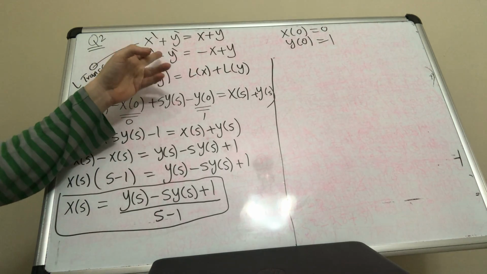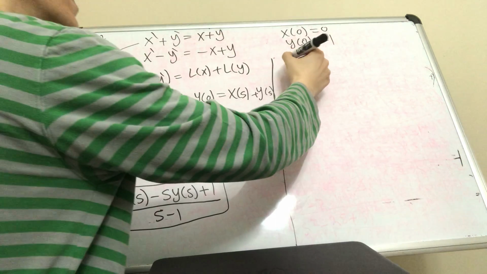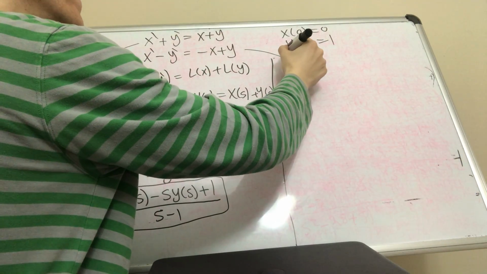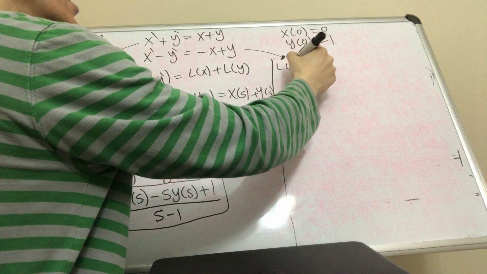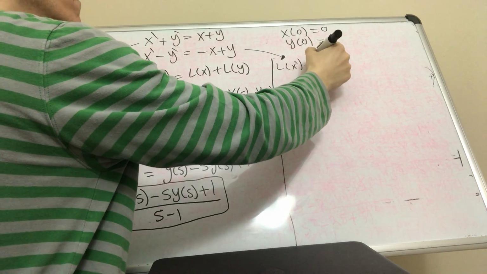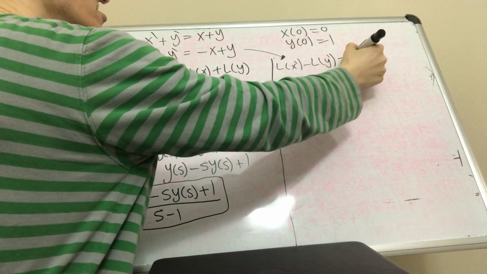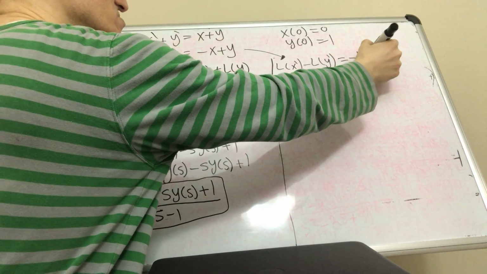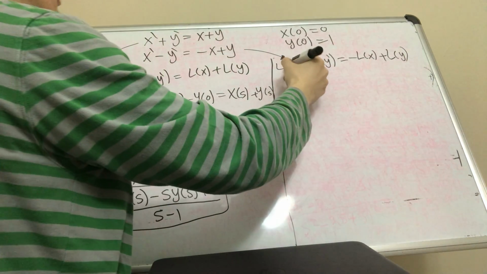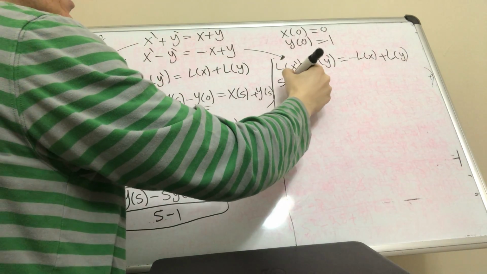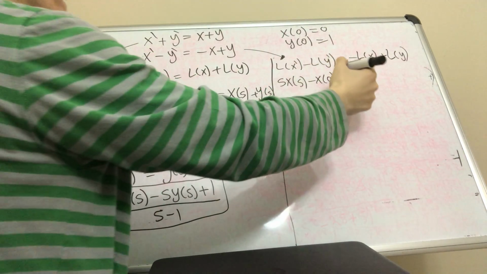I'll do the Laplace transformation for the second one. Laplace for x bar minus Laplace for y bar minus Laplace for x plus Laplace for y. This one is s x of s, 0.